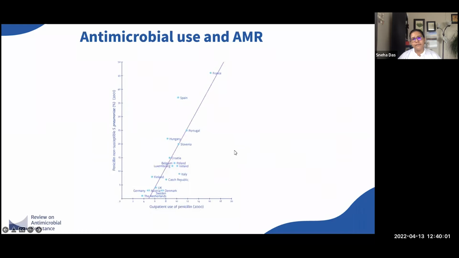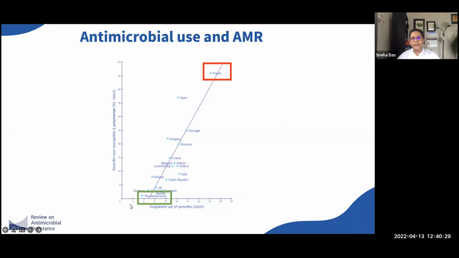The first can be antimicrobial use. If we look at this graph here, back in 2000, France was prescribing the highest number of antibiotics to its patients. A year later, it also had the highest instances of antibiotic resistant bacteria.